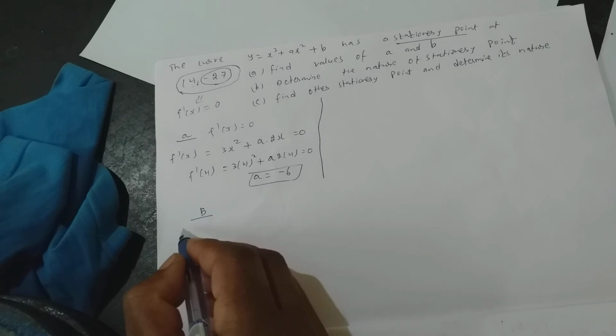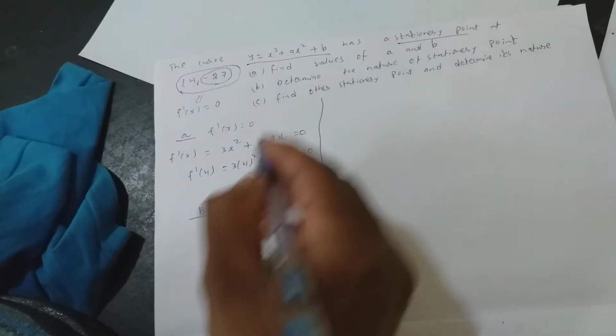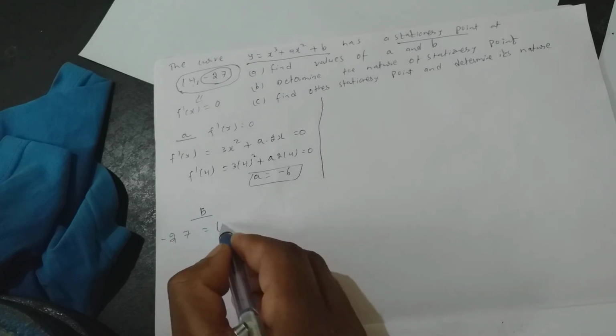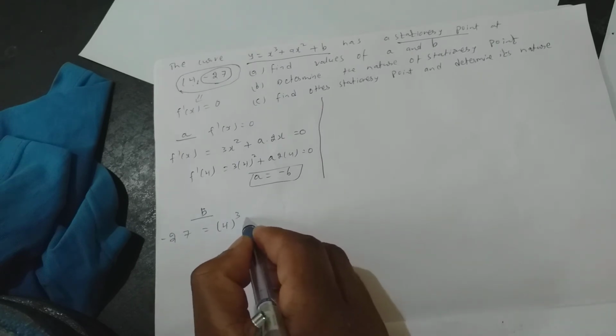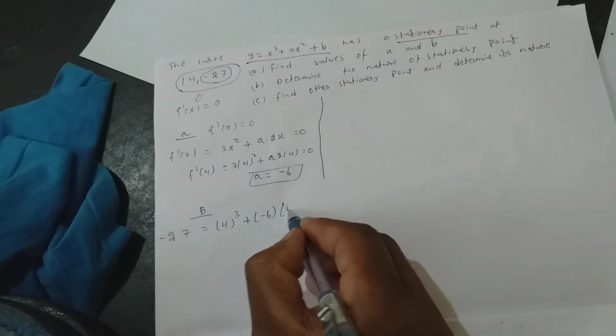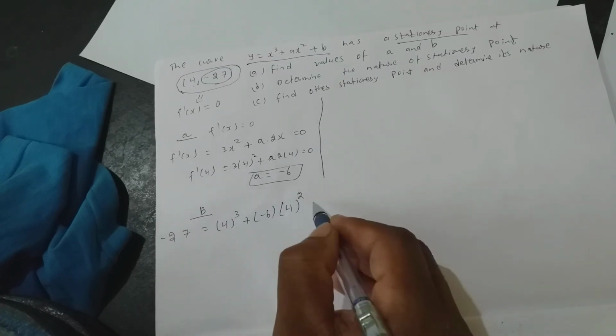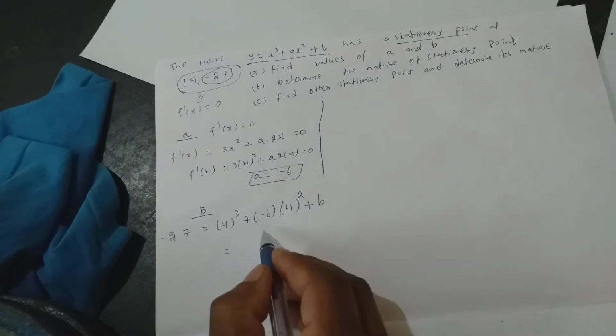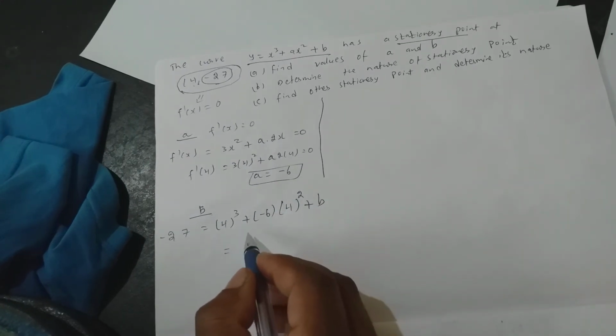So replace x comma y in the given equation. So in place of y minus 27, in place of x 4, plus in place of a can be replaced now minus 6. In place of x 4 plus b. So simplify this, you will get the value for b, which is 5.